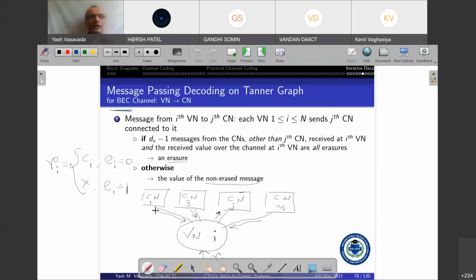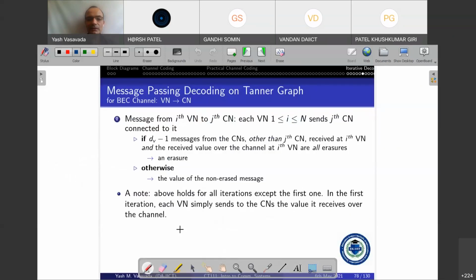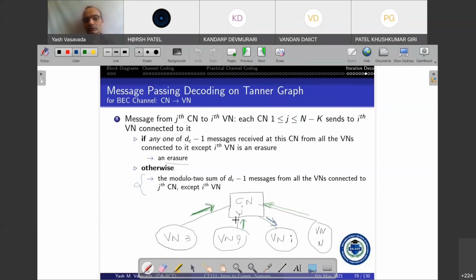So in the ideal case, can you think of how you can represent this VNI? What is CNJ? This square that we have drawn is a type of code that we have already studied. What type of code is this CNJ?